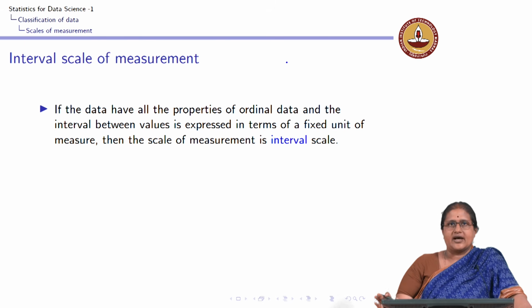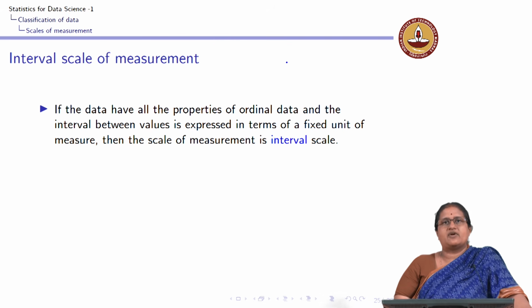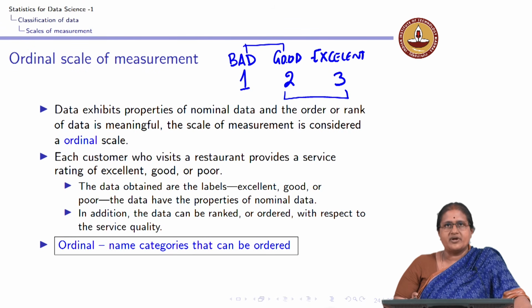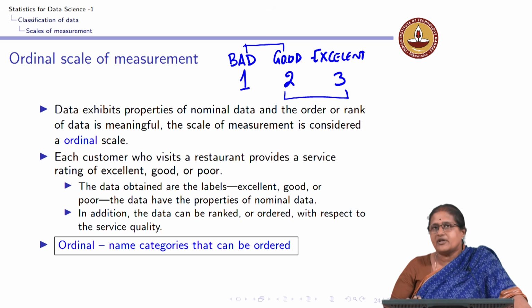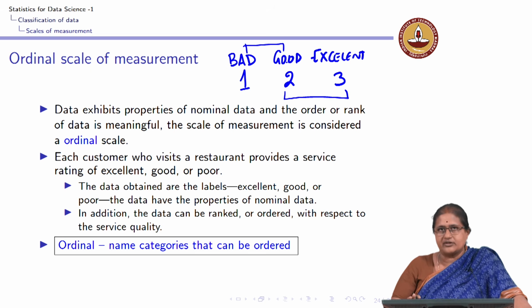it has all the properties of ordinal scale of data, but the interval between the values is expressed as a fixed unit of measure. Remember when I said bad, good and excellent, I said the difference between good and bad need not be the same as the difference between excellent and good.